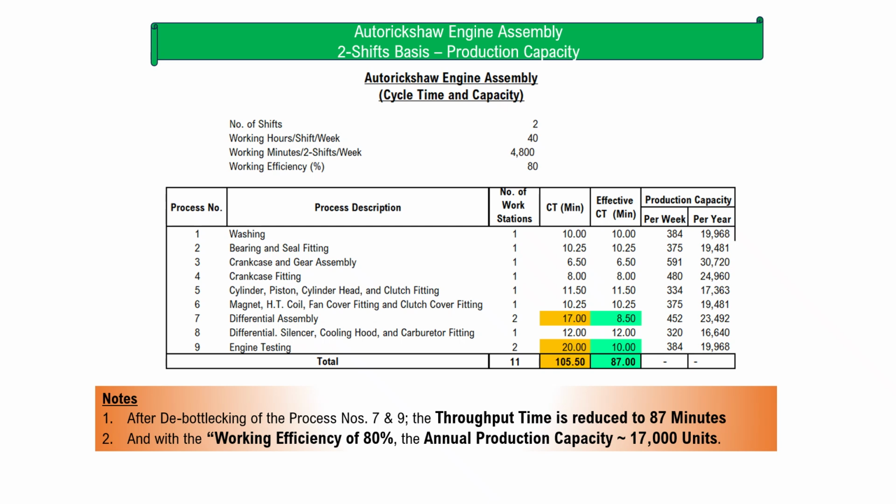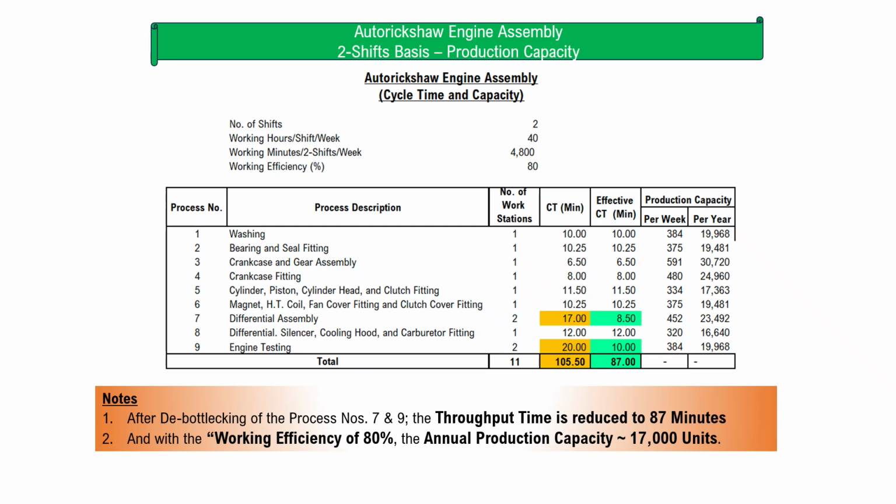That is, the differential assembly effective cycle time is now 8.5 seconds, and the effective cycle time in the case of engine testing is 10 minutes. This is the situation after debottlenecking.